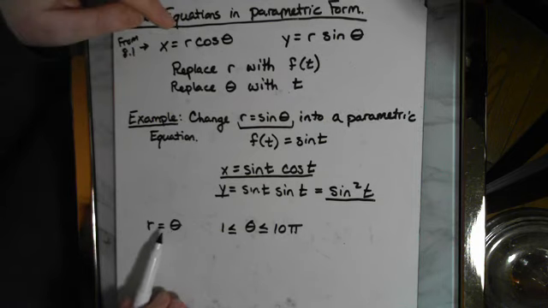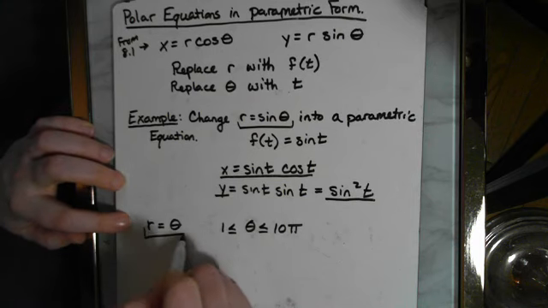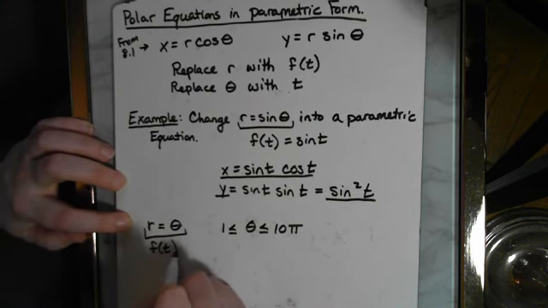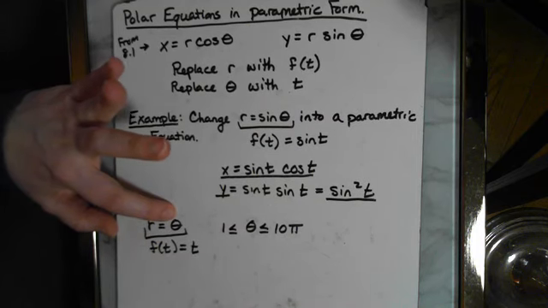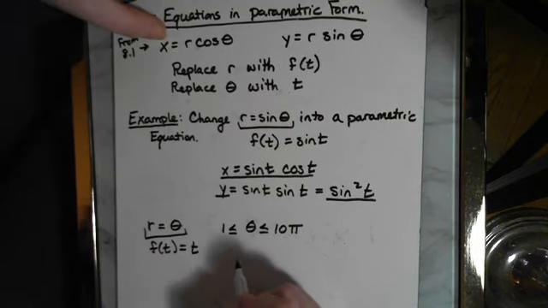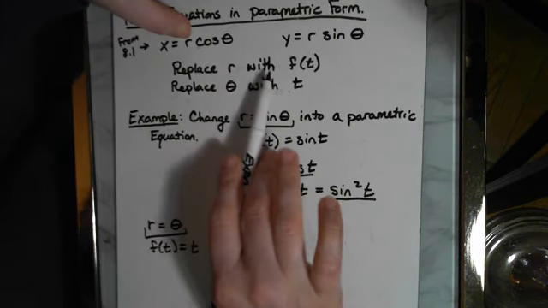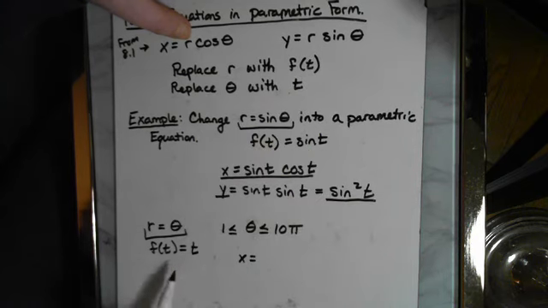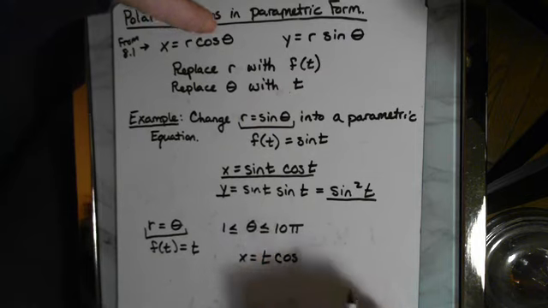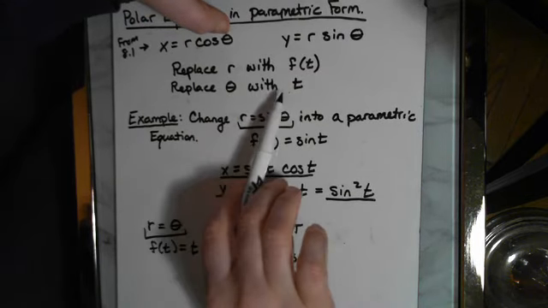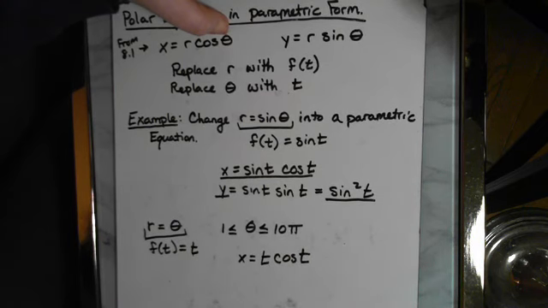So this says r equals theta, so f of t equals just t here. In my x equation, I have x equals, now this r is replaced with f of t, so I'm going to put a t there. I'm going to write cosine, and theta gets replaced with t. X equals t cosine t.